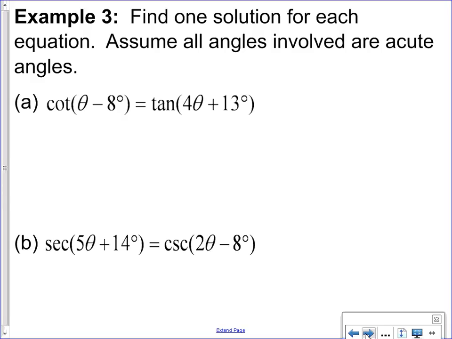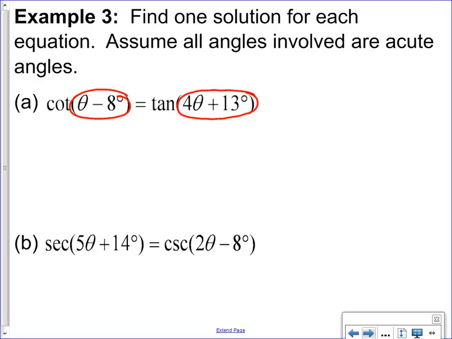In order for tangent and cotangent to be equal, their angles must add up to 90. In order for this to be true, their angles have to add up to 90. The angles in this case are expressions, so this plus this have to add up to 90.